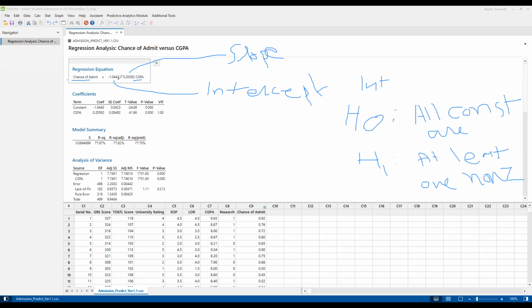Now look into that. You remember last class, what do you conclude here? This is the constant, this p-value is this, GPA is this, and this is a p-value. What do you say? Use the rule that we used in the last class.